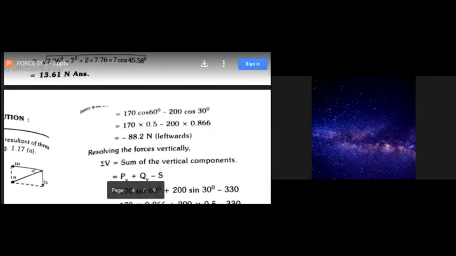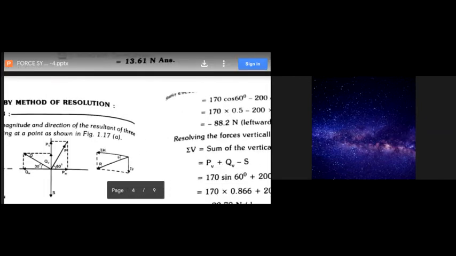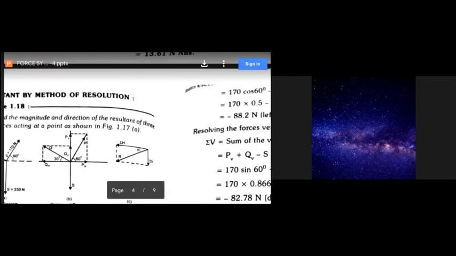So what about the 3 forces? The horizontal component of P is PH, that is P cos 60. It acts towards the rightward direction, and its vertical component is P sin 60.